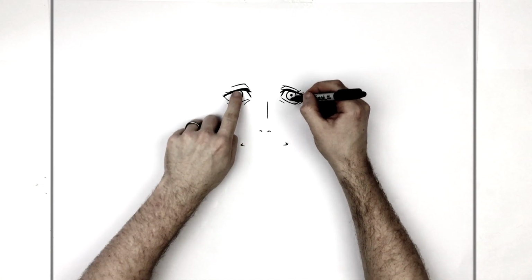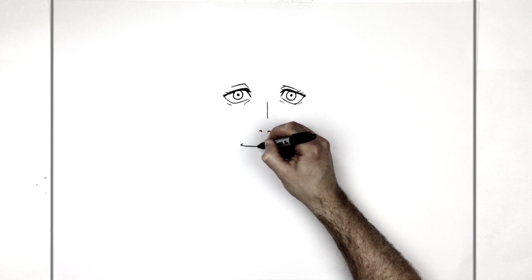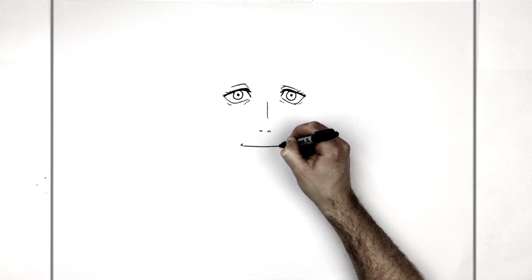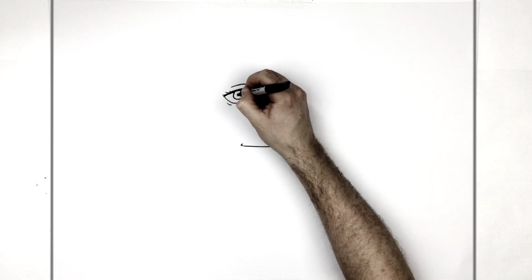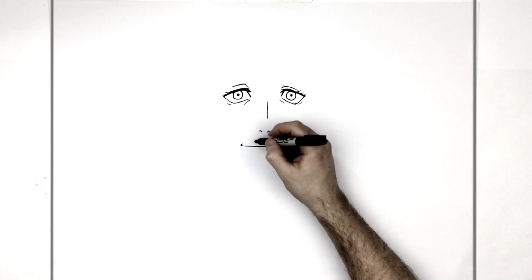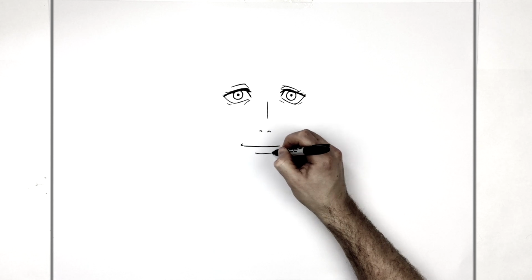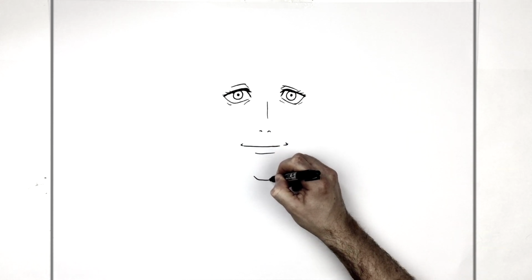So both of them start underneath his eye, see that? And then we just do a line straight across, but they don't meet. They don't touch there at the end. And then the bottom lip line, just there. Then a line for his chin, just down here.